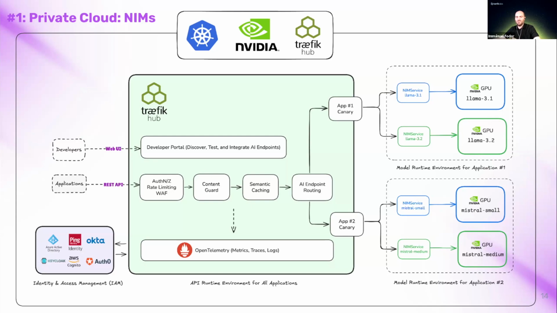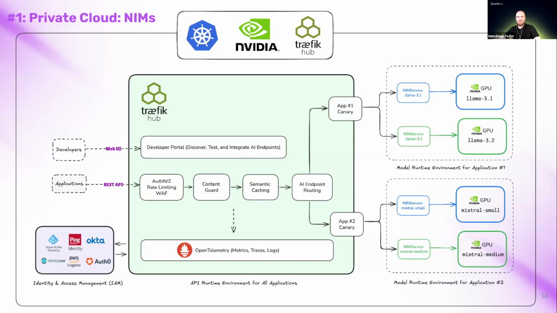You can use horizontal pod autoscaler to scale inside the node itself, or you can use Karpenter or other tools to even scale your nodes depending on your workloads. And you expose these models through the NVIDIA-provided NIM services.